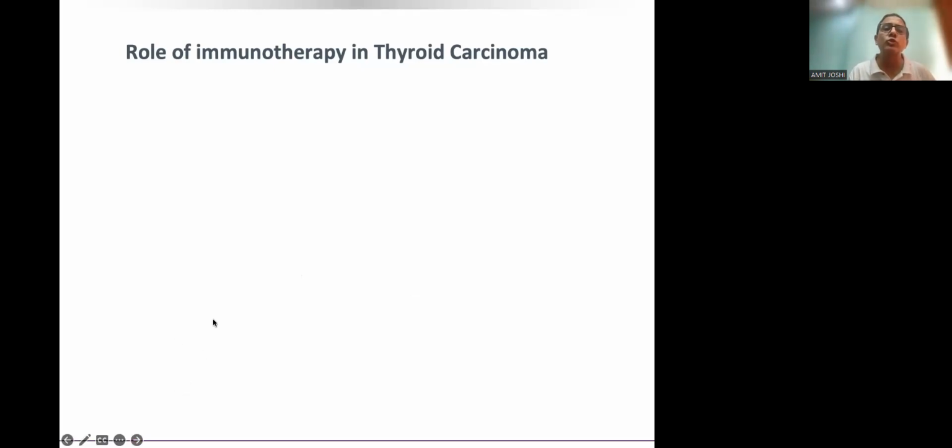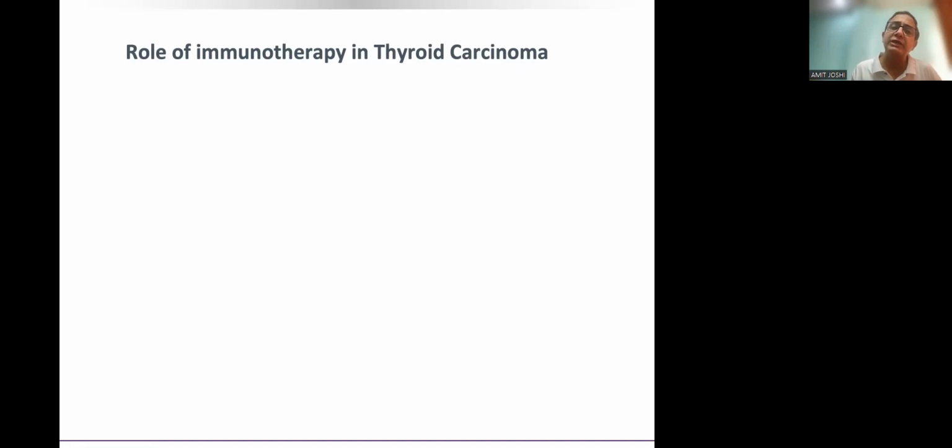So just a quick review, as immunotherapy has emerged deeply in the management of various cancers in our field, and has successfully established its role in melanoma, thyroid cancer, and lung cancer. We definitely can say that the survival for these patients has improved with the use of immunotherapy in those groups of patients.